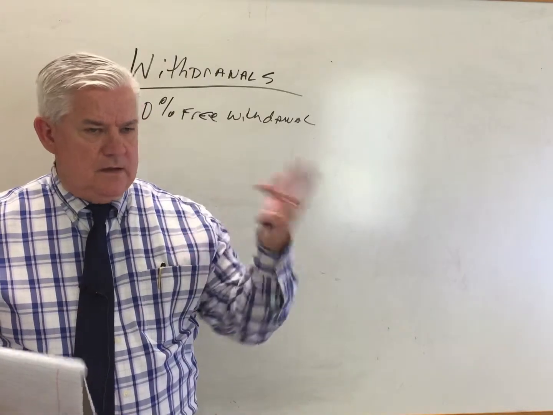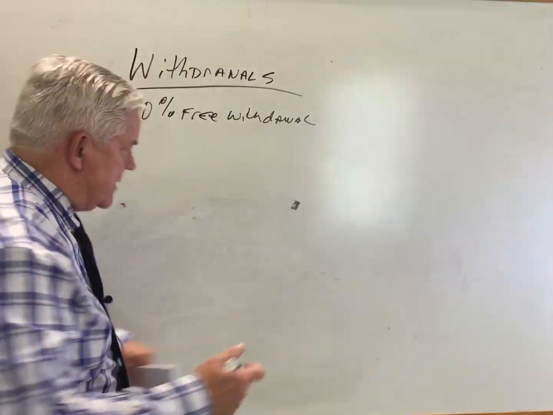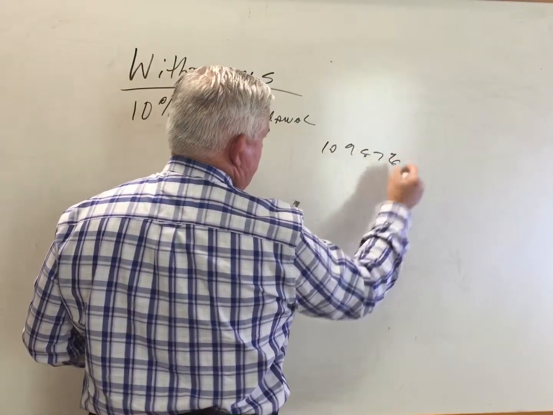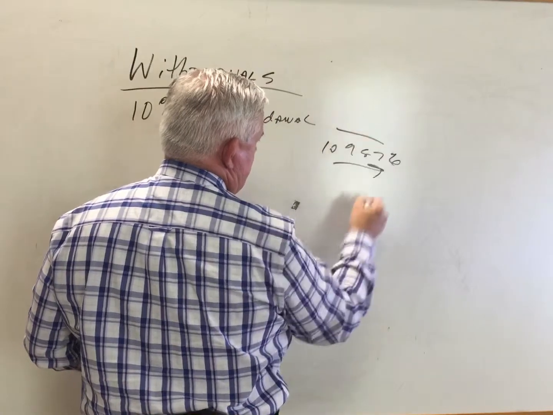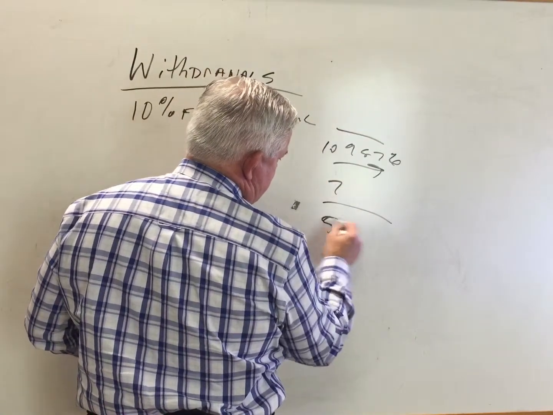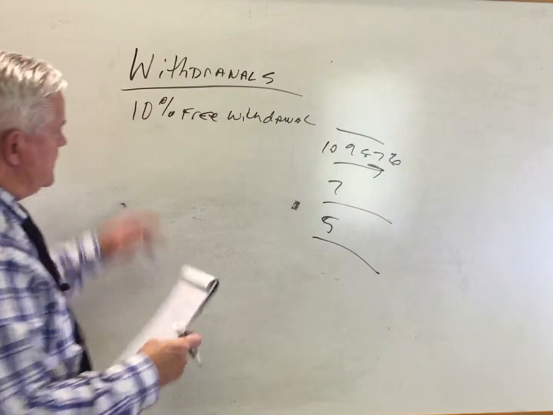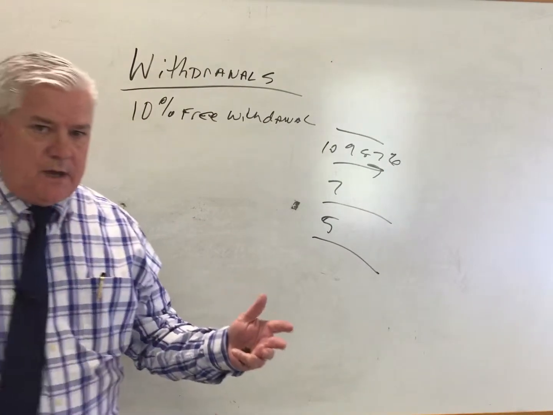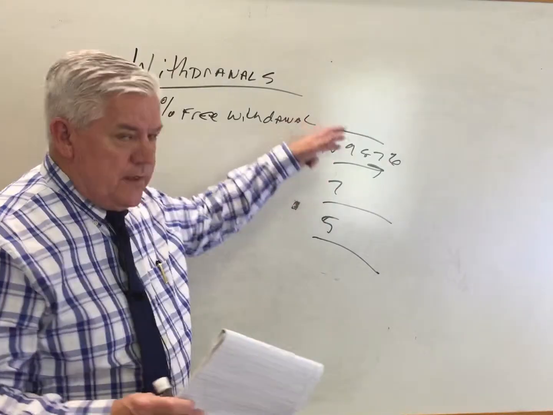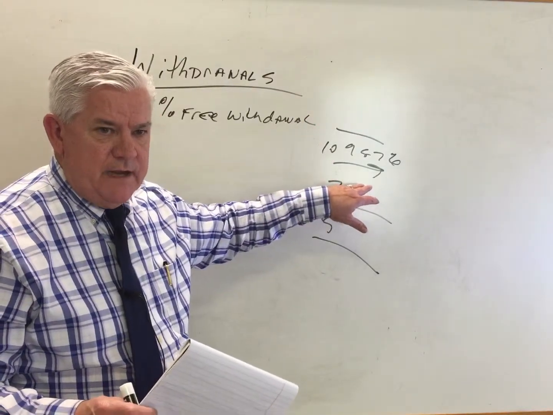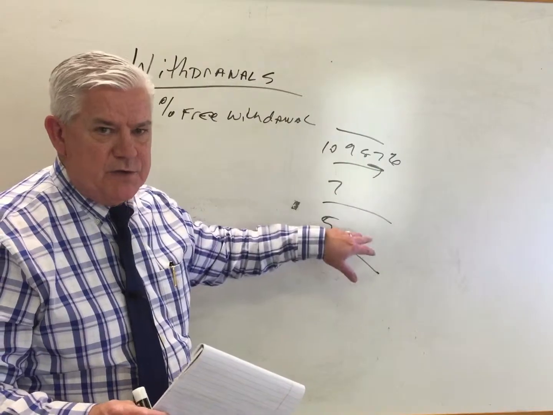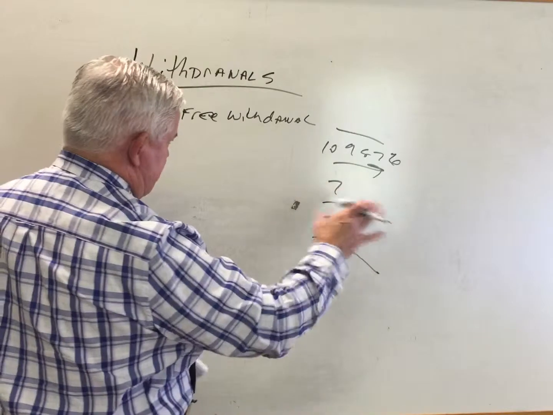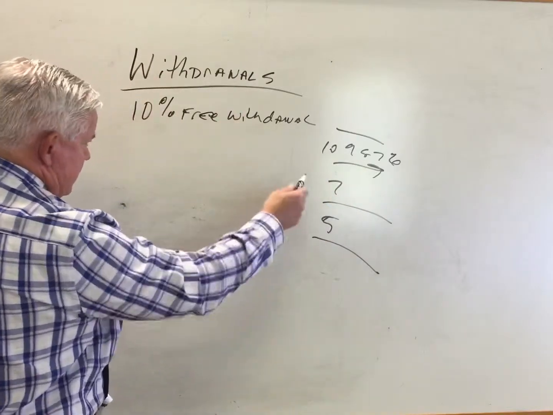On a 10-year product, you have 10, 9, 8, 7, 6, and so forth, surrender charge period of time. On the 7-year the same, and 5-year the same. The 10% free withdrawal means you can pull up to 10% of the money. If you go over that, you're going to pay a slight surrender fee if you're in that surrender charge period. Once you get beyond that, there's no more withdrawal charge.